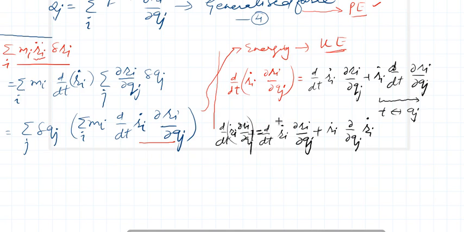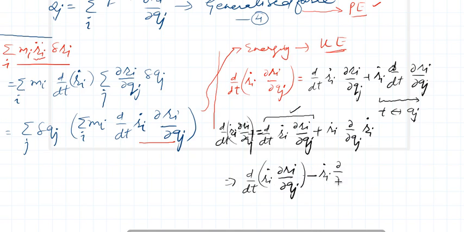Because I am interested in calculating this, it is equal to this minus this, which implies d/dt (Ṙi · ∂R/∂qj) minus Ṙi · ∂Ṙ/∂qj must be equal to d/dt (Ṙi · ∂R/∂qj).